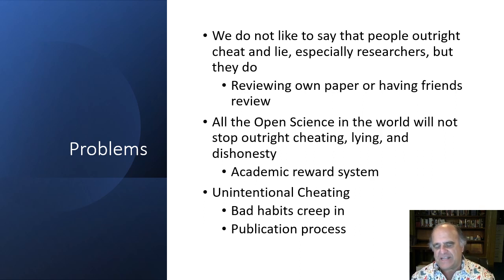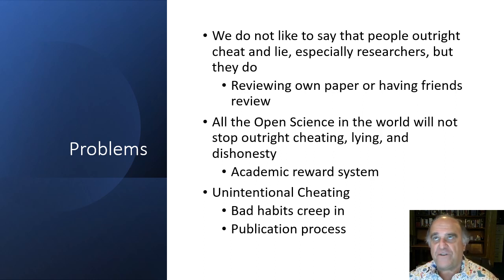Open science has emerged to try to deal with a lot of the cheating, intentional and unintentional, that occurs in science. But we know that all the open science in the world will not stop outright cheating, lying, and dishonesty. And as long as the academic reward system continues to reinforce outright cheating, lying, and dishonesty, we'll continue to see it. Of course, there's also unintentional cheating.